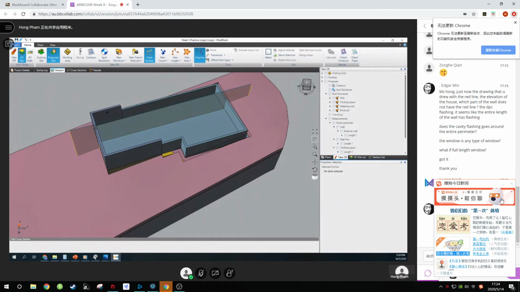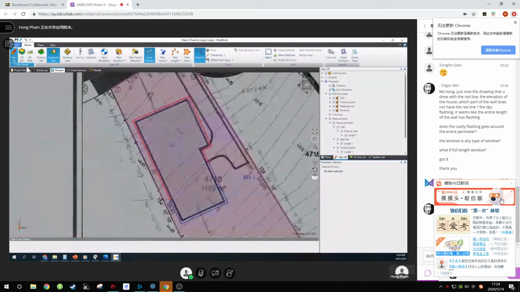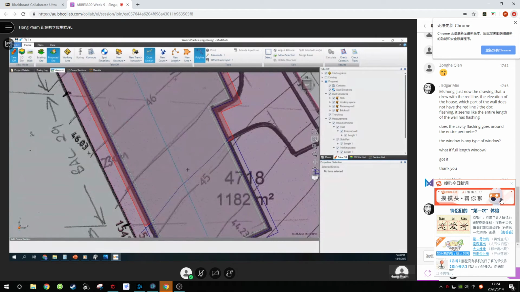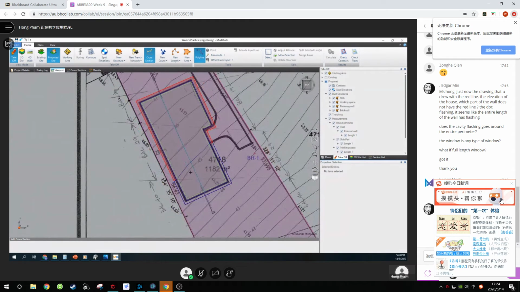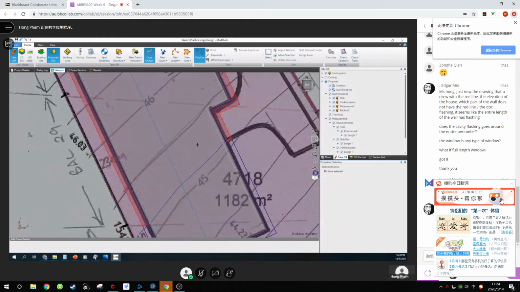Actually, this is stronger than this. Surrounding must have wall because the wall is a load bearing wall. They've got no columns. They're using wall as the columns. Yeah, so the most important thing is you have to determine this line, the cut and fill line, because this is where your working space and your cut and fill will interface.